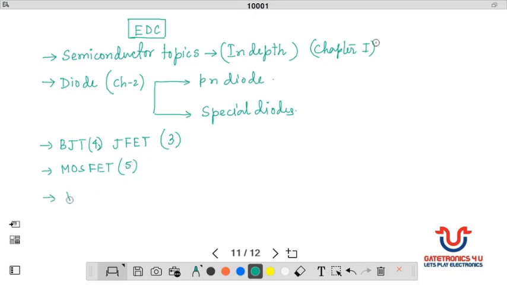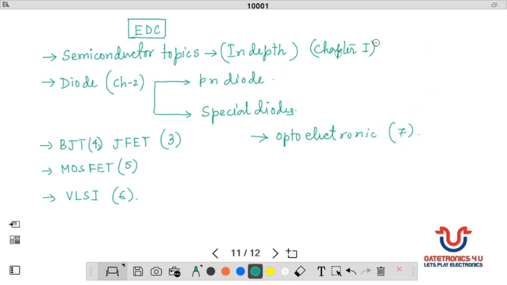Next we will go for the VLSI technology. This is chapter 6, and the last one is the optoelectronics. This will be chapter 7.